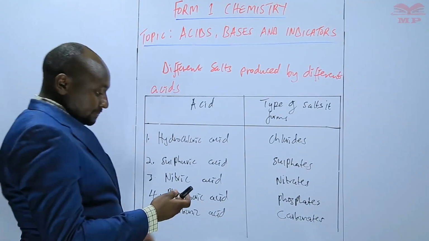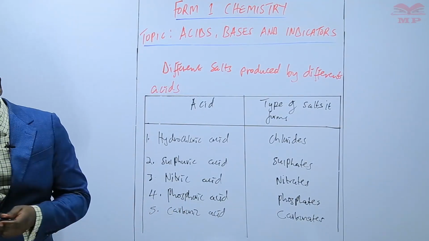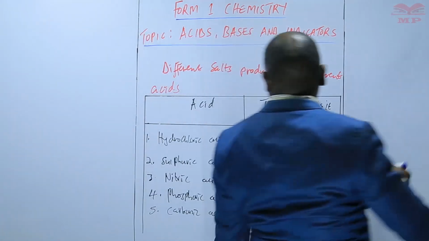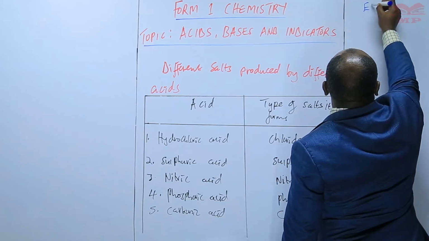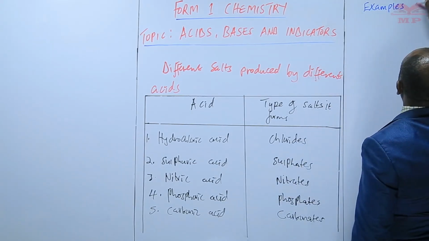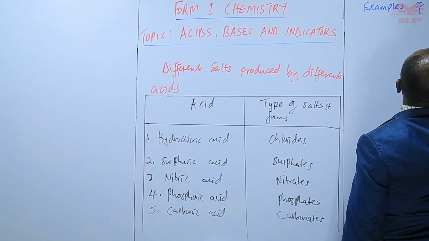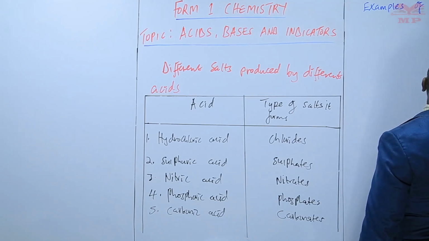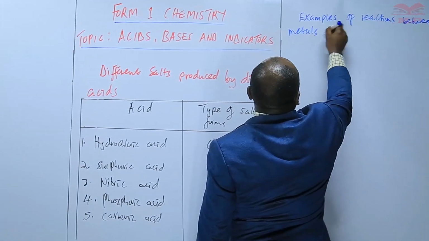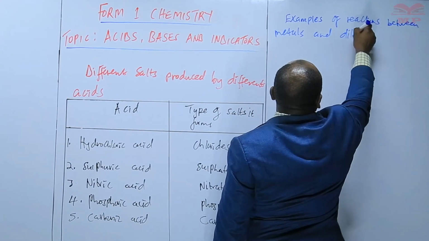So we have that, and we'll take a few examples of reactions between metals and dilute acids.